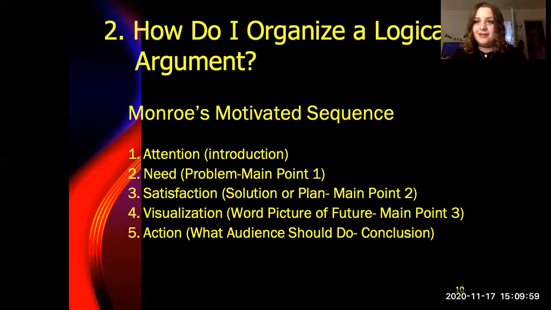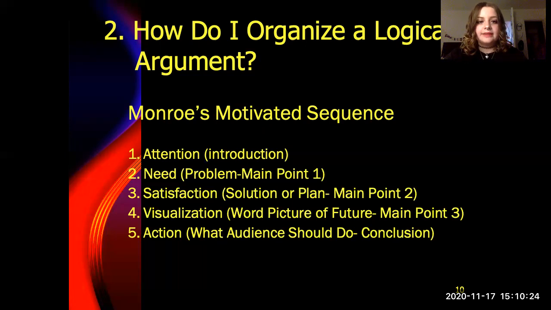So basically the best way to be persuasive. Starting off, you'll get the attention and you'll do the introduction. Then in the second one, you will introduce the need. So this is the problem, main point one. This is where you'll define what the issue is, prove that, showcase your evidence, really tell us about what the problem is.